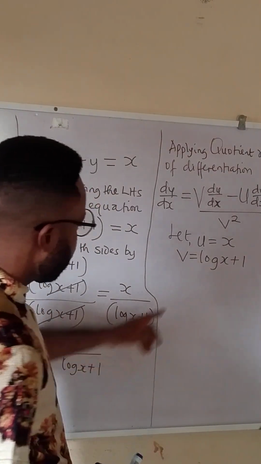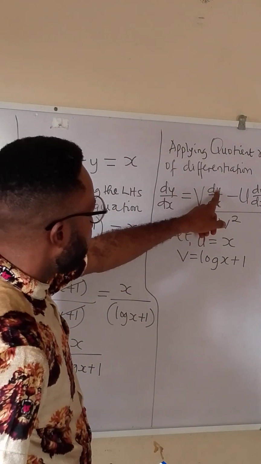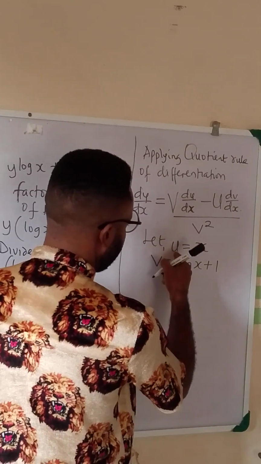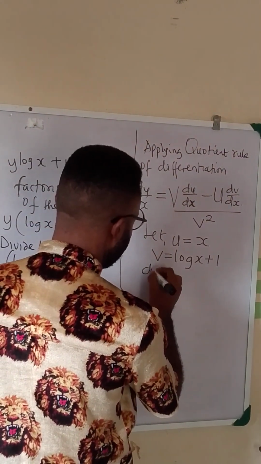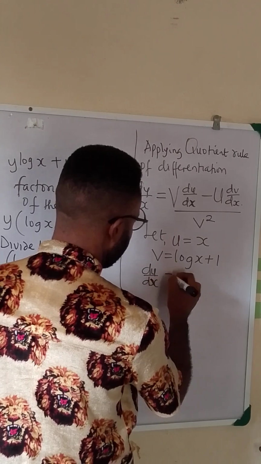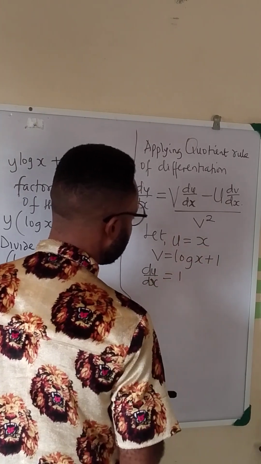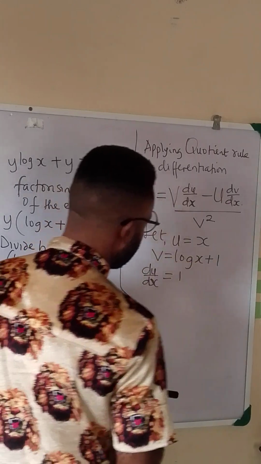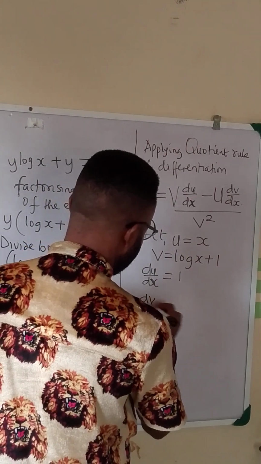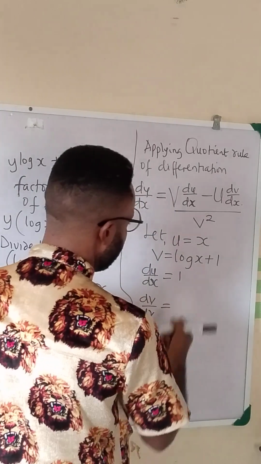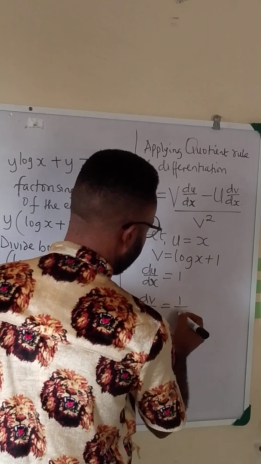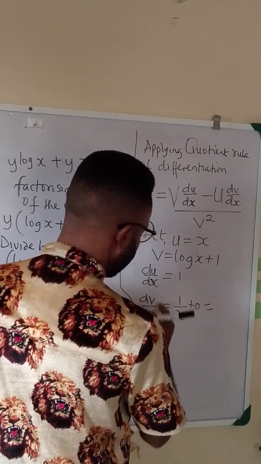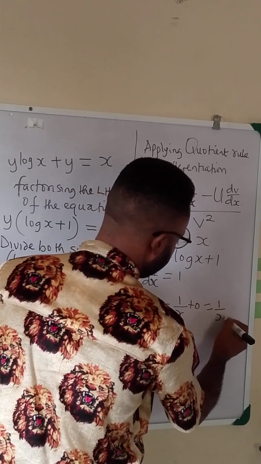Since we have u and v, we also need du/dx and dv/dx. Differentiating u with respect to x, du/dx equals 1. Differentiating v with respect to x, when you differentiate log x you get 1 over x, and when you differentiate 1 you get 0. So dv/dx is 1 over x.